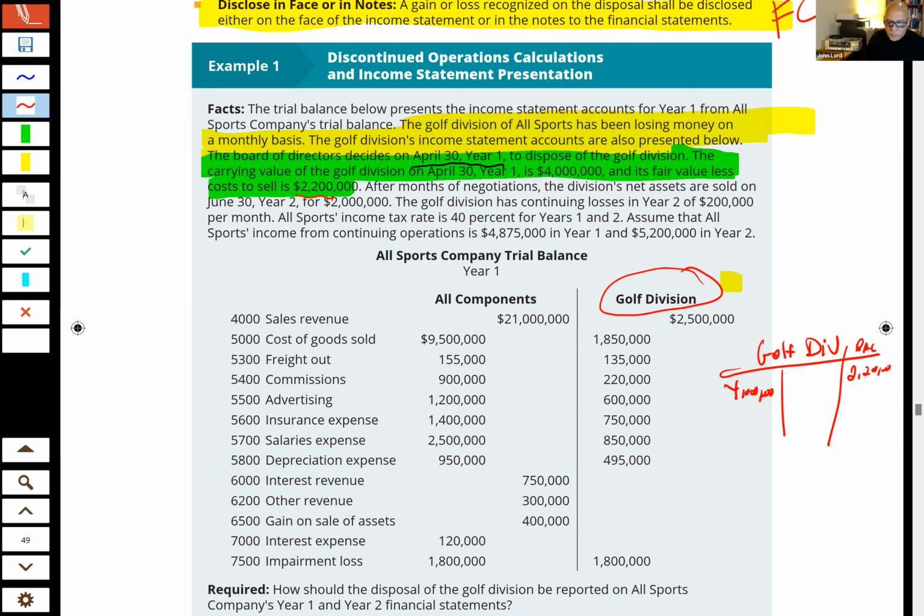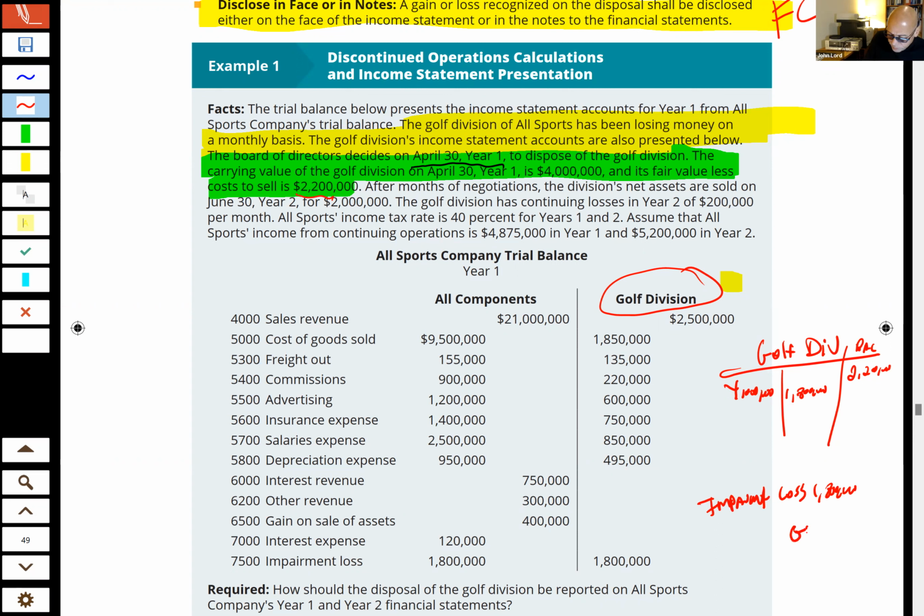How do you get from 4 million to 2,200,000? Subtract 1.8 million. Good. We're going to have 1,800,000. We're literally going to debit impairment loss, 1,800,000. And we're going to credit what?